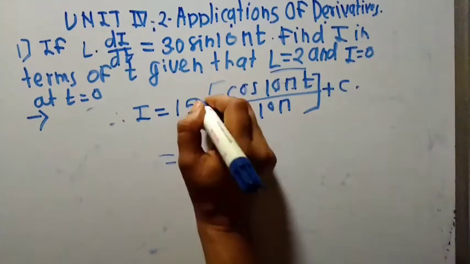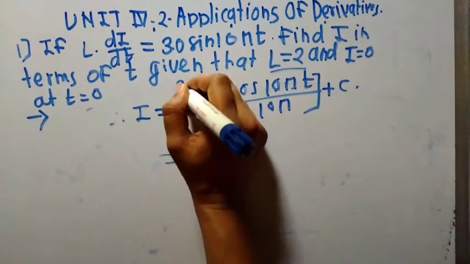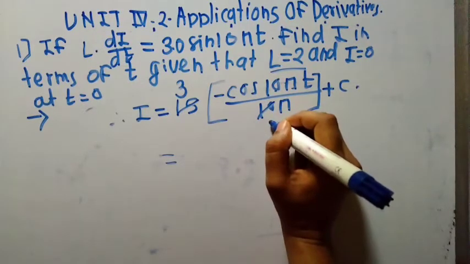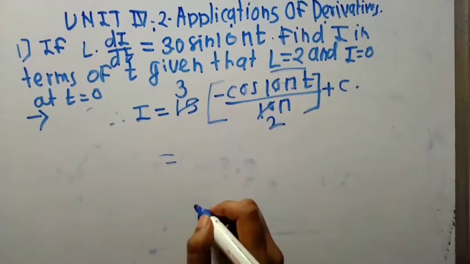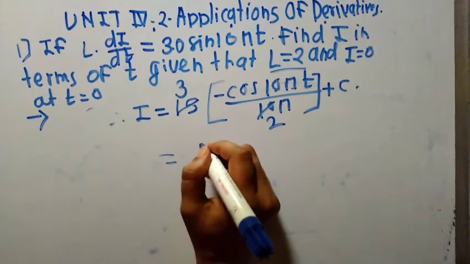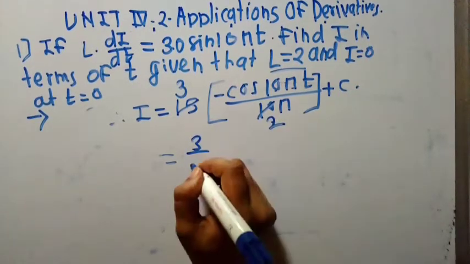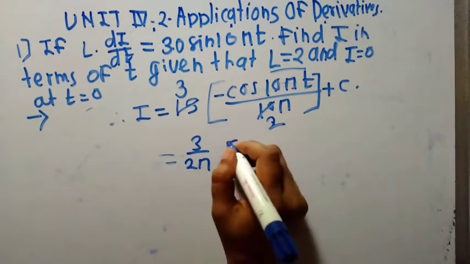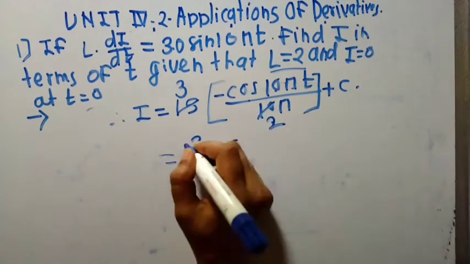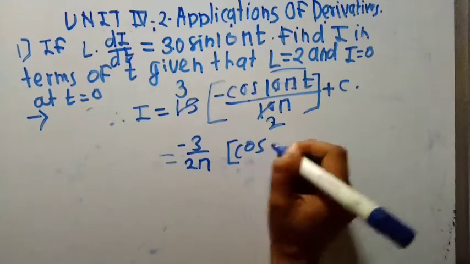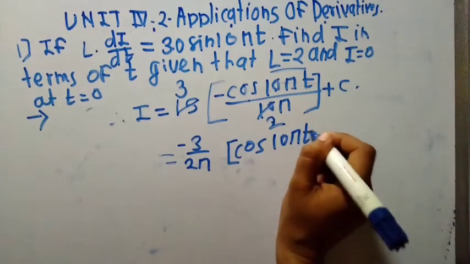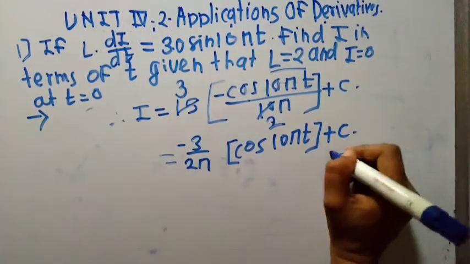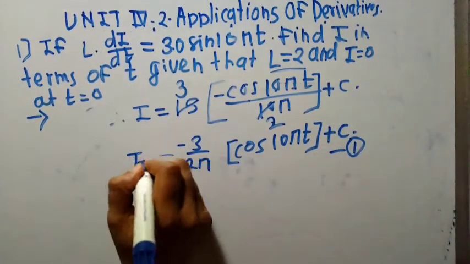Hence which is equal to minus 3 by 2 pi cos 10 pi t plus c. It is the first equation.